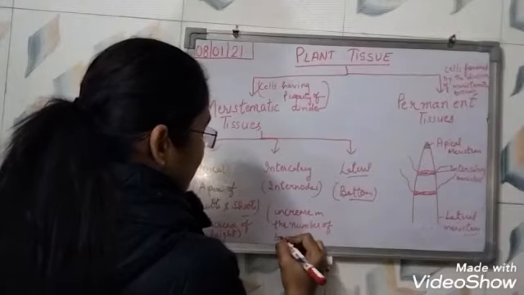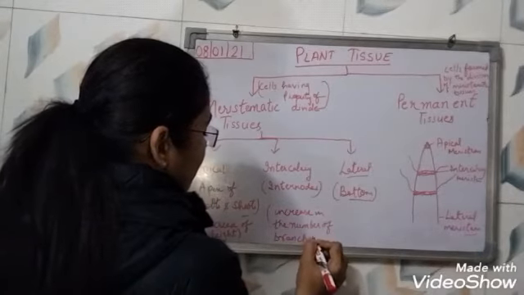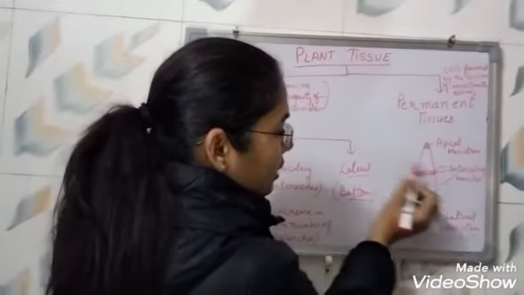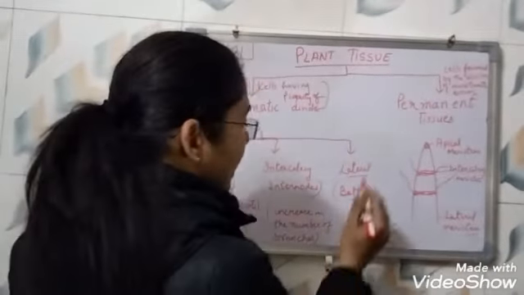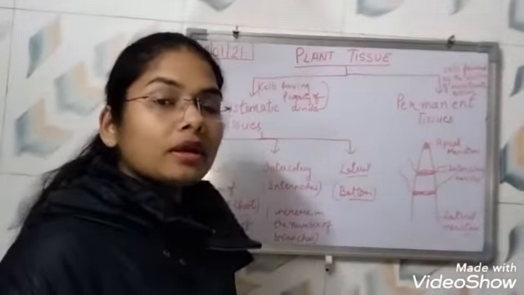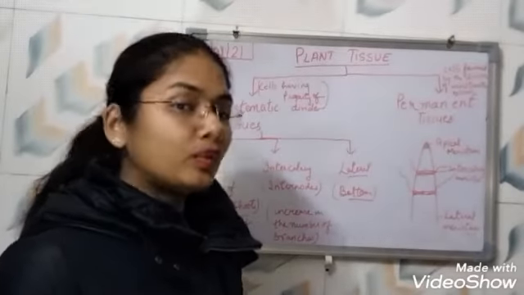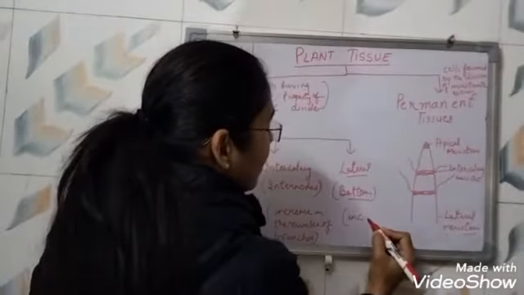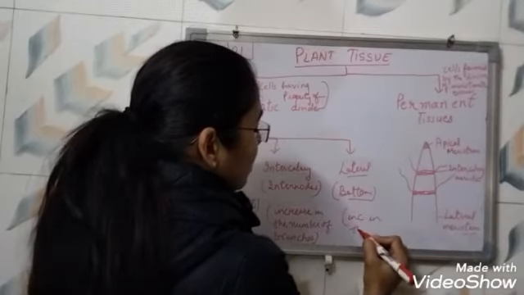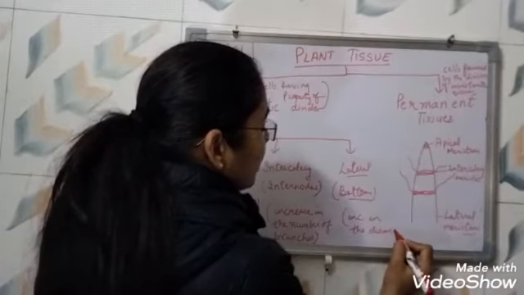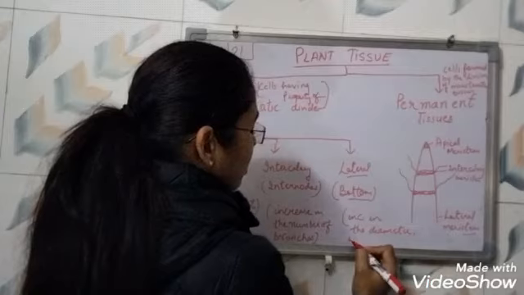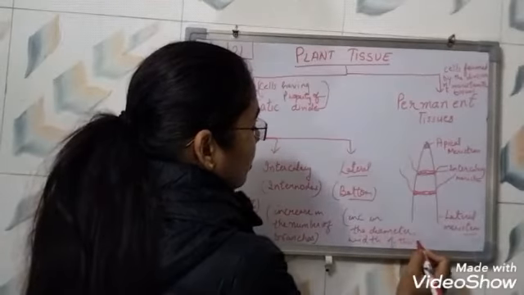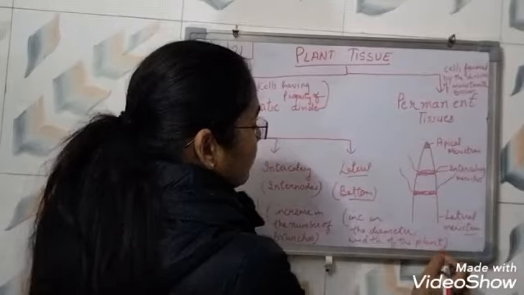Here you can see these branches coming. And the lateral helps in the increase in the diameter, or you can say width, of the plant.